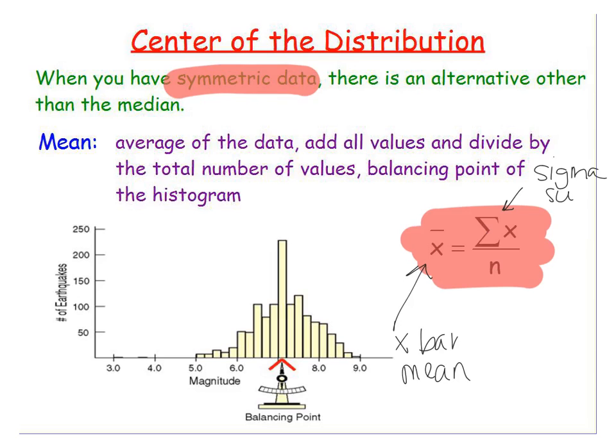It means sum. So add up all of the x values and then divide by n, which represents simply the number of data values. So add up all of the x values and then divide by the total number of data values there are.